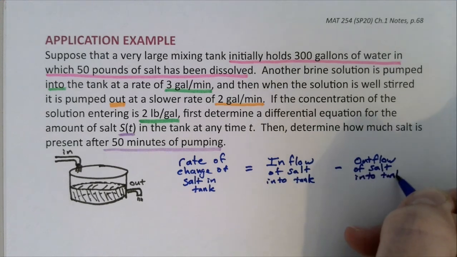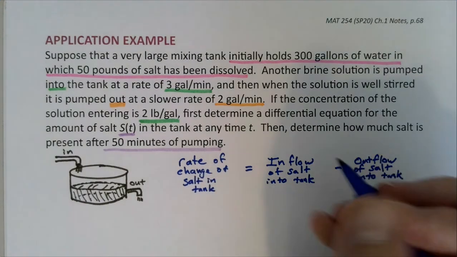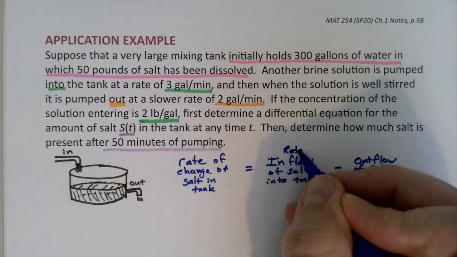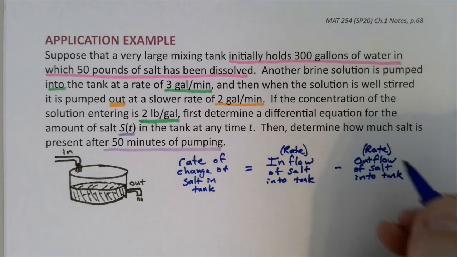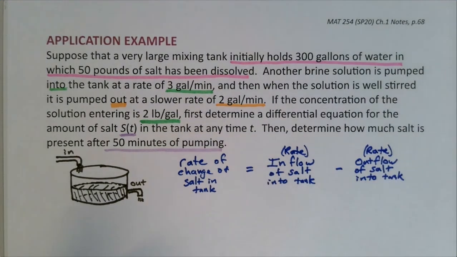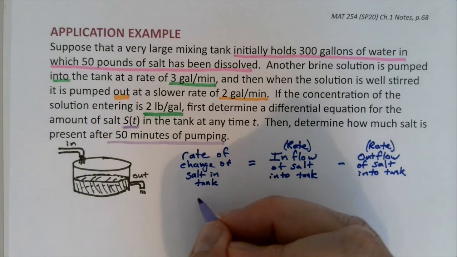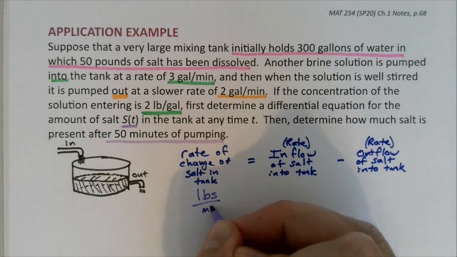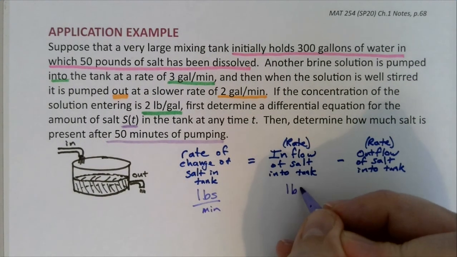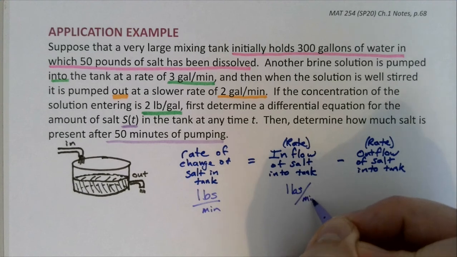Now keeping in mind, this is a rate of change, and so this is a rate, and so is this. And we know, because that's the way equations work, that all three of these have to have the same units. And since we're talking about a rate of change of salt, the amount of salt is going to be in pounds per, and it looks like minutes are the units of time that we're dealing with here. And so each one of these terms has to be in pounds per minute.